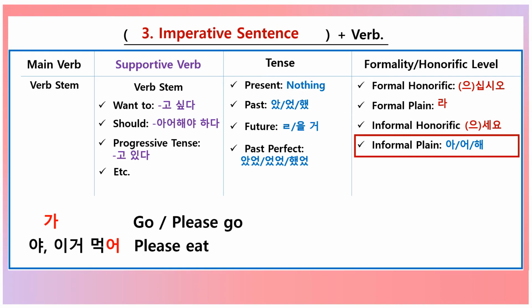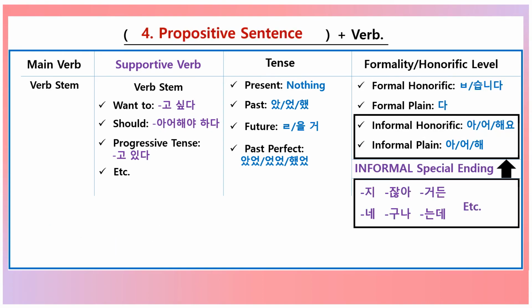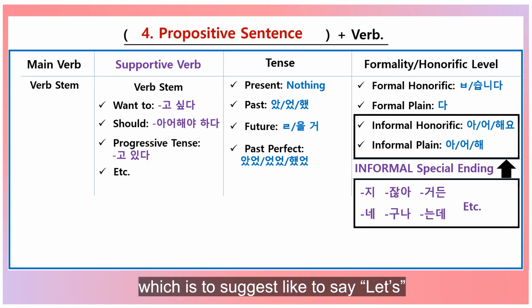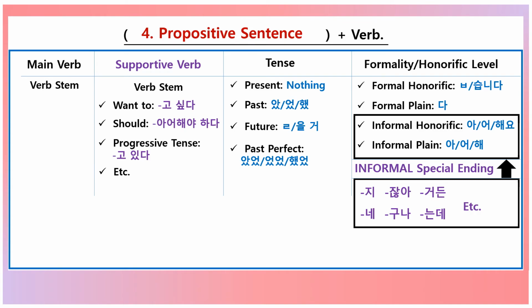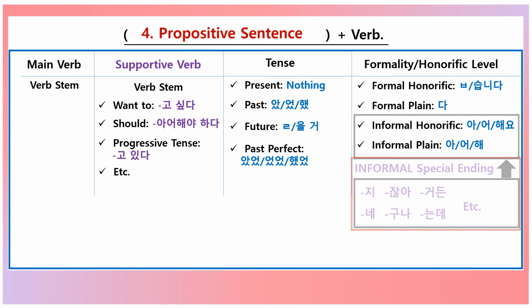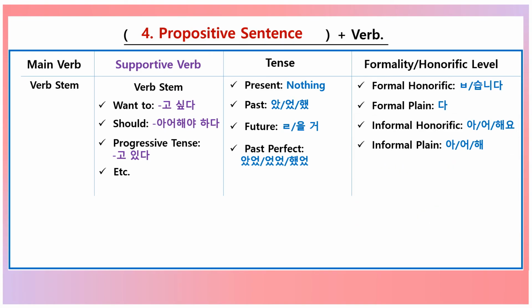And finally, the last sentence type is the propositive sentence, which is to suggest, like to say, let's. Here as well, this informal special ending is gone. So the formal honorific changes into 비읍시다 or 읍시다.